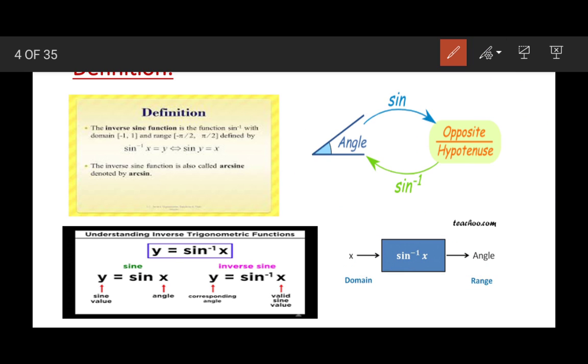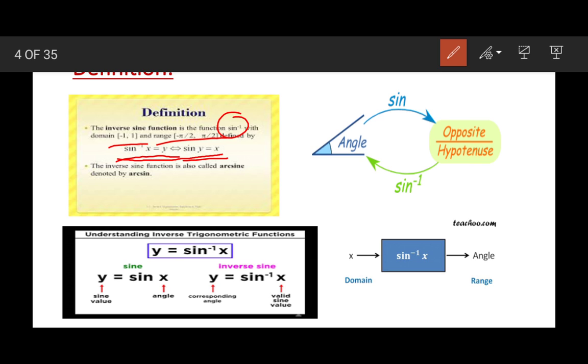The inverse sine function is denoted by sine inverse x with domain -1 to 1 and range -π/2 to π/2, defined by sine inverse x is equal to y, where sine y is equal to x. If sine y is equal to x, then sine inverse x will be y.